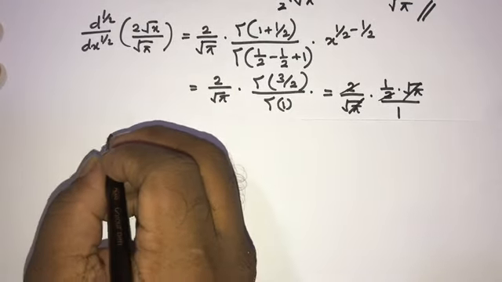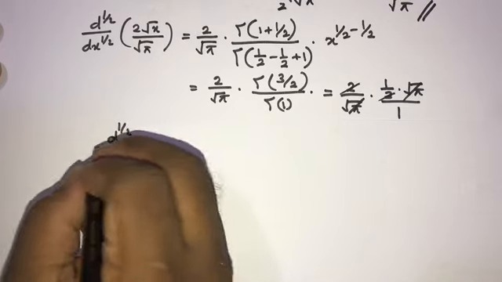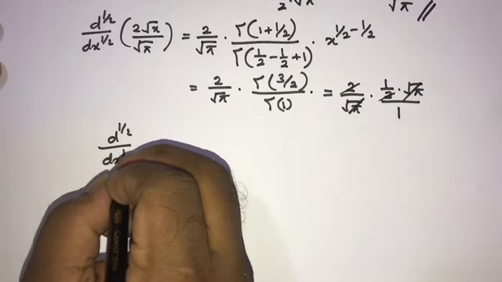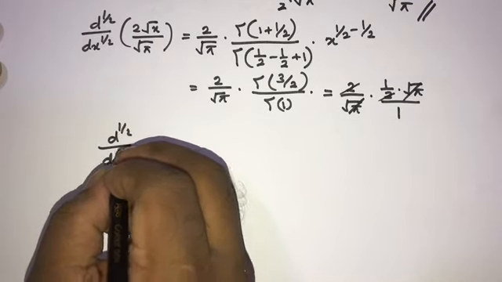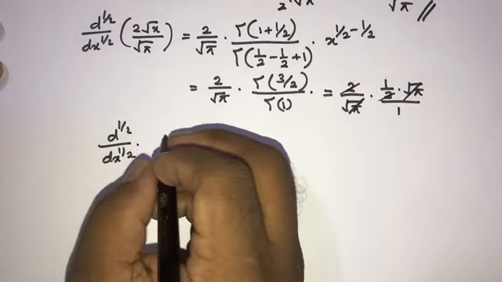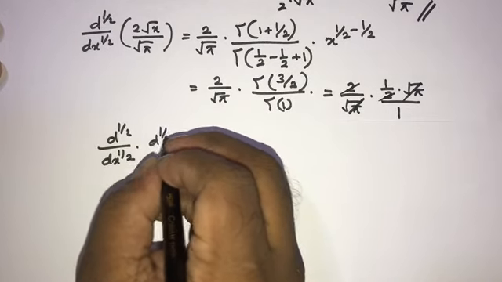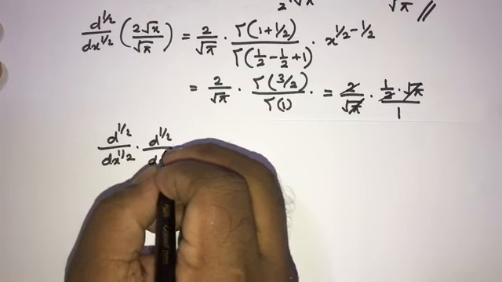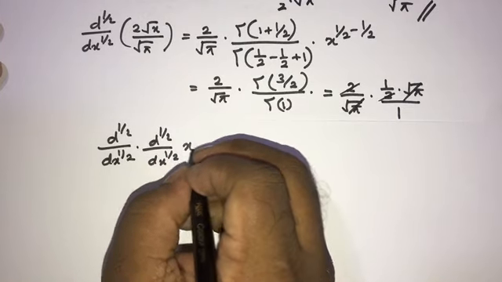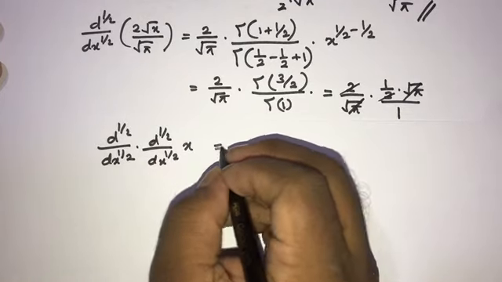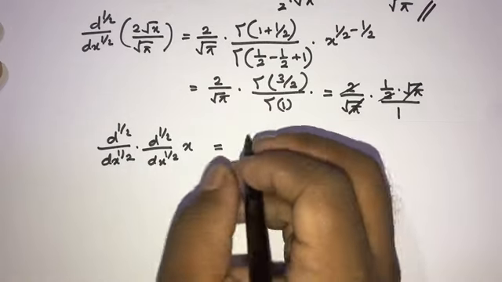So if we take d^(1/2)/dx^(1/2) of d^(1/2)/dx^(1/2) of x, this is equal to 1, as we know.